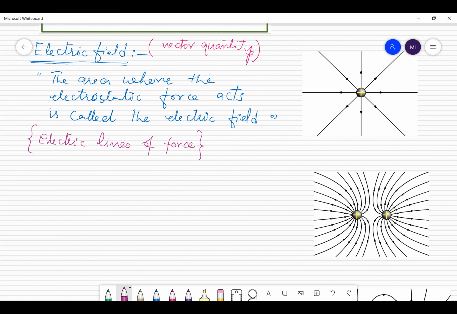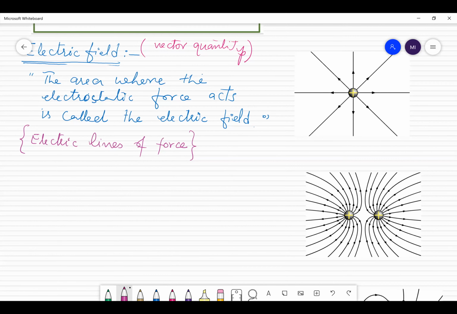Therefore, to make it clearer, we use the concept of the electric lines of force. You can say that this is a geometric representation of the electric force caused by charge, right? So that is why we need this concept.